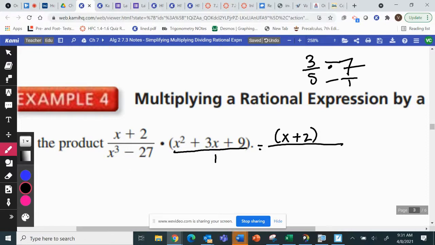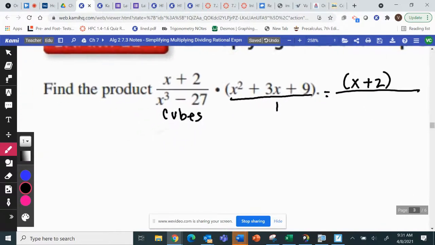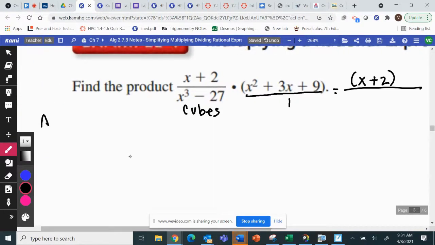On the bottom, this is cubes. We reviewed those a teeny bit before spring break. There is a formula for it. I'm going to write it down really super fast. If you don't get the formula down, you can just Google it. It's all over the internet because everybody's doing it.